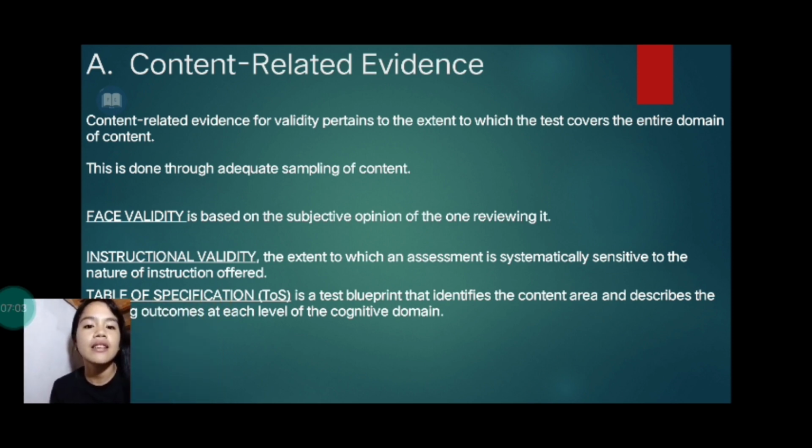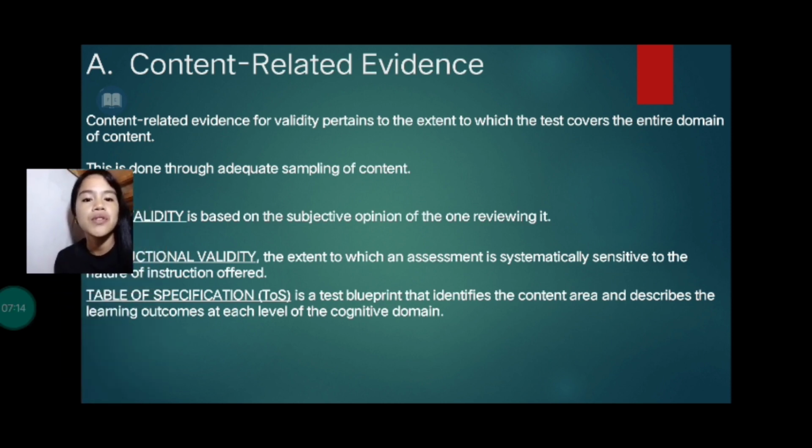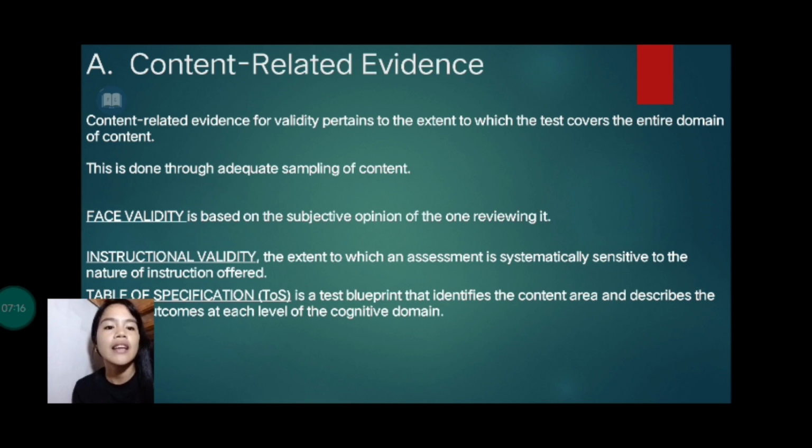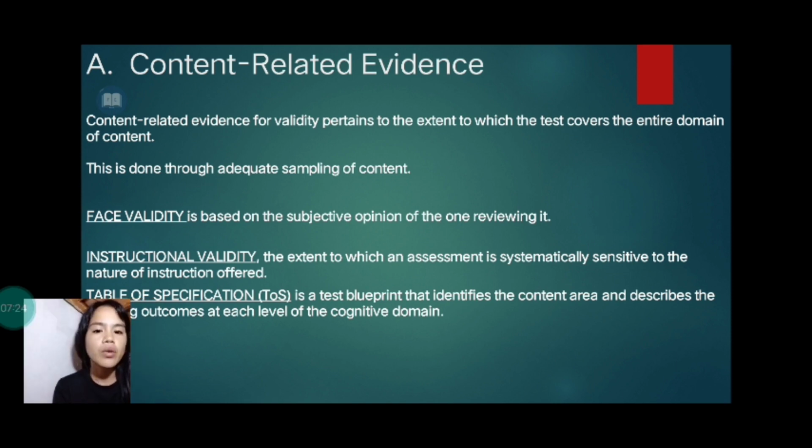Next is the table of specification. It is a test blueprint that identifies the content area and describes the learning outcomes at each level of the cognitive domain. It is so important that a teacher has a table of specification toward the level of performance of the students.